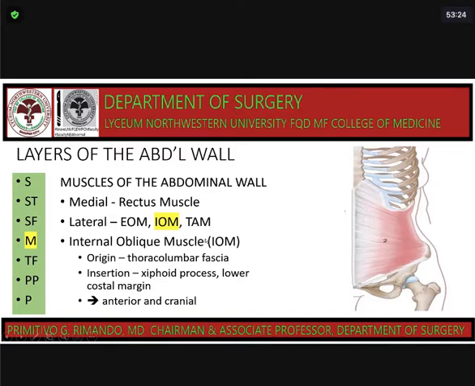Your internal oblique muscle: the origin is the thoracolumbar fascia, and it inserts into the xiphoid process and the lower costal margin. So from the back, from the thoracolumbar fascia, it goes anterior, in front, and it goes up.